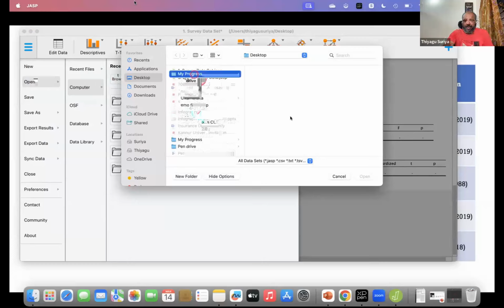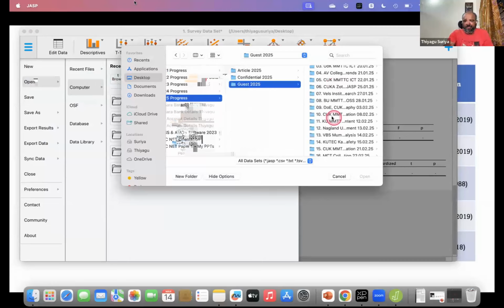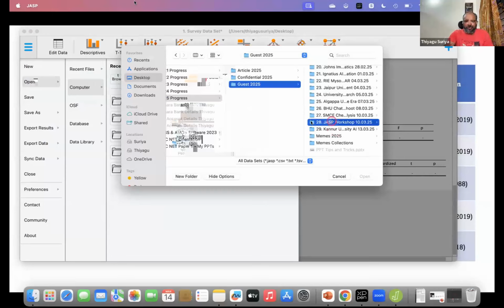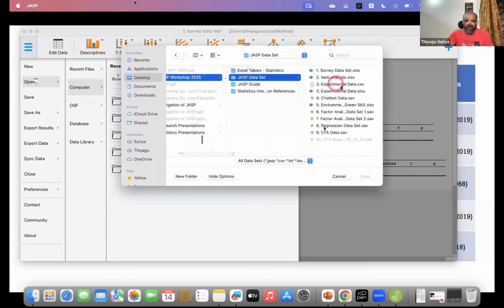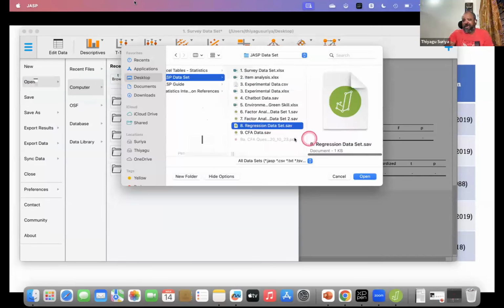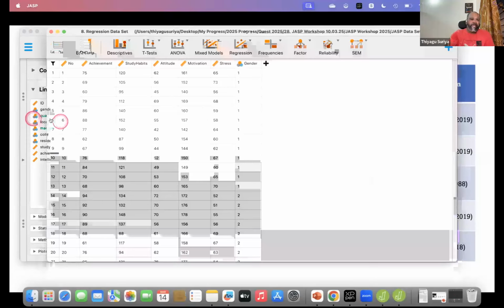In the data set there is one regression data set. I am just going through my path, JASP workshop, and there is the data set called regression data, serial number 8. I request all to select the regression data, serial number 8, and click open.